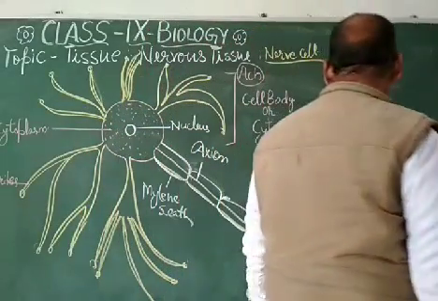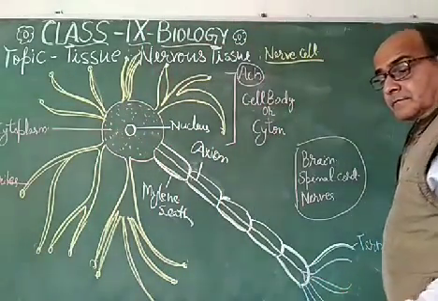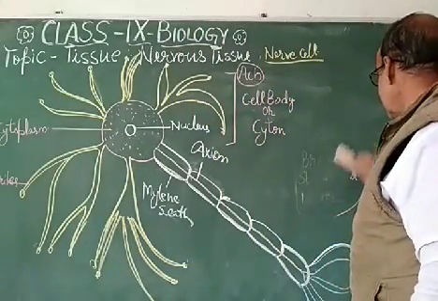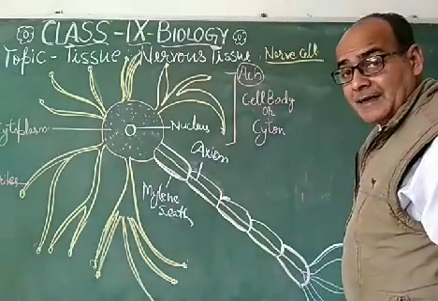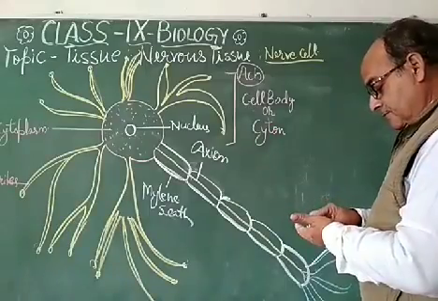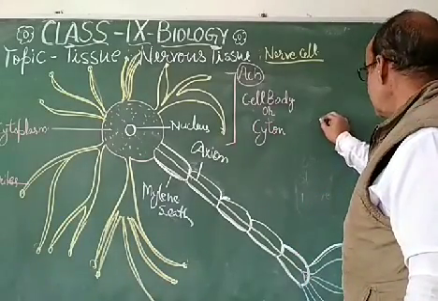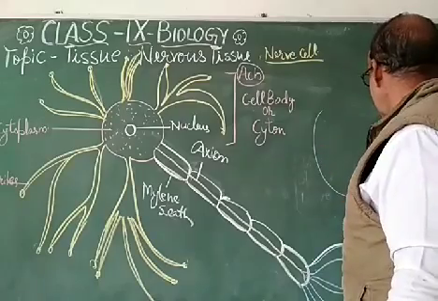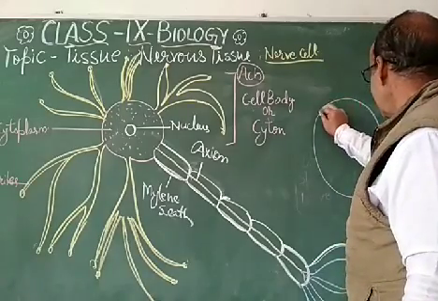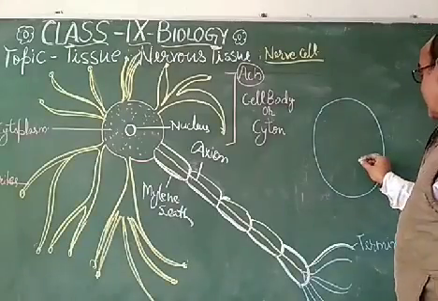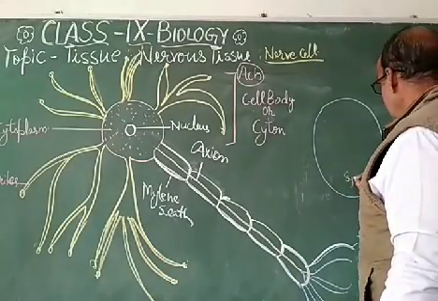My dear students, at the junction of two neurons there are synapses. At the junction there is a gap-like situation, and that gap is called a synapse.